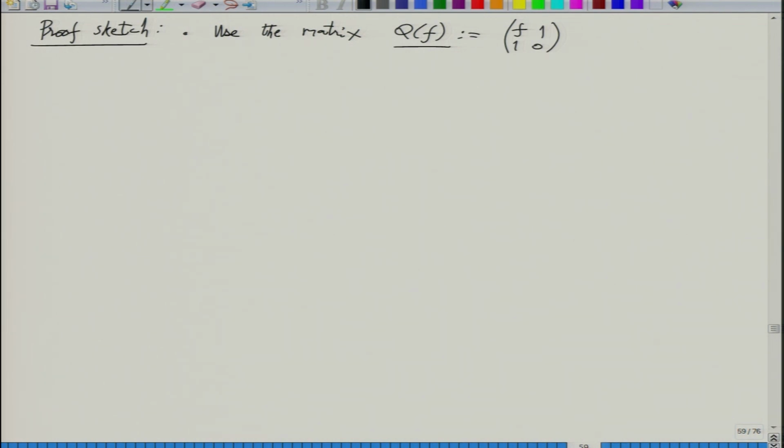It's not really a triangular matrix, but still it has only 3 entries. Okay, there is 1 0 present. So this is the matrix that will store f, which is a polynomial in all the variables, so epsilon and x1 to xn.